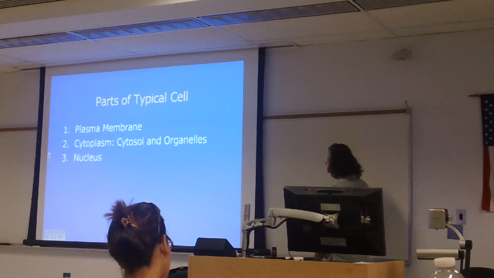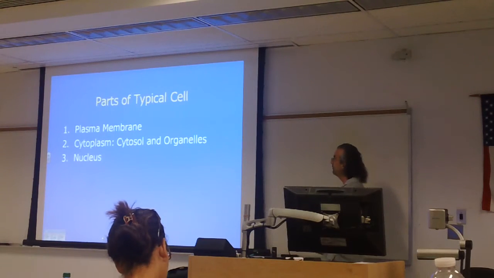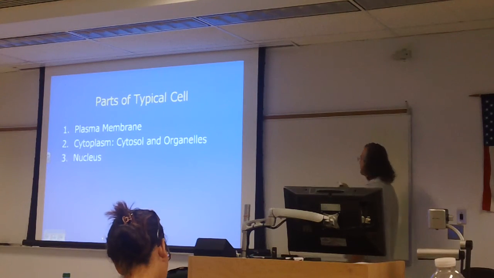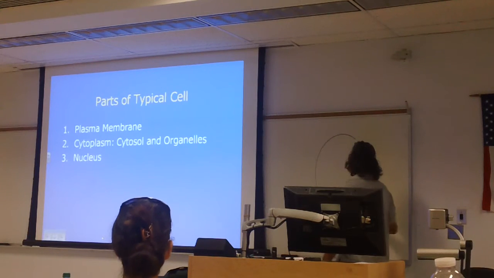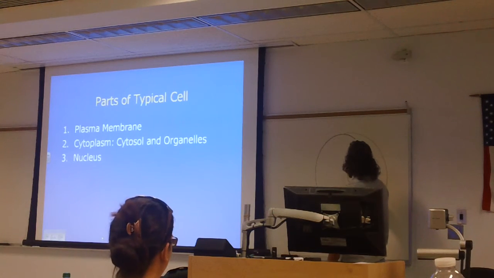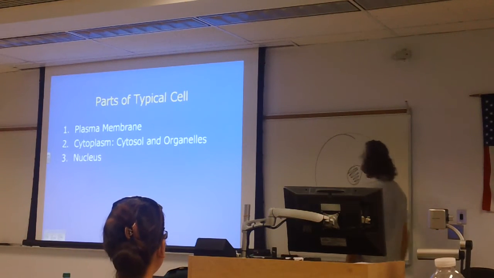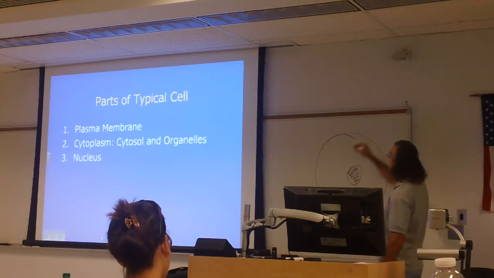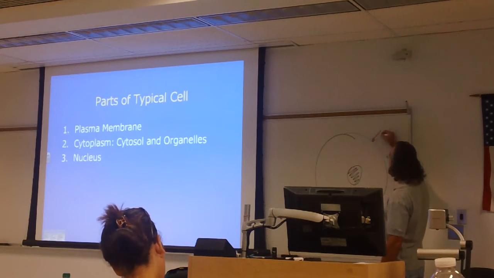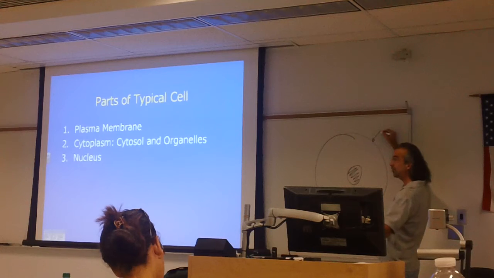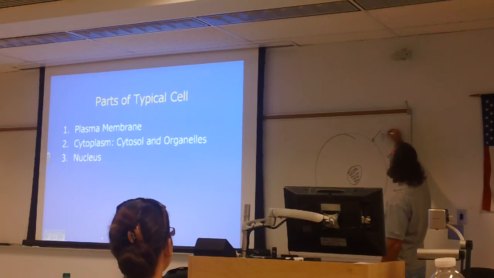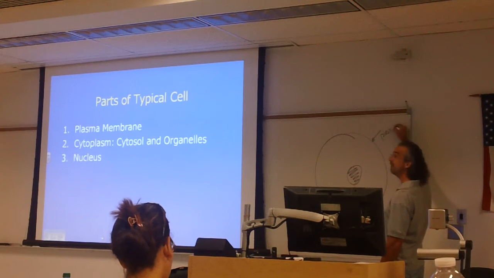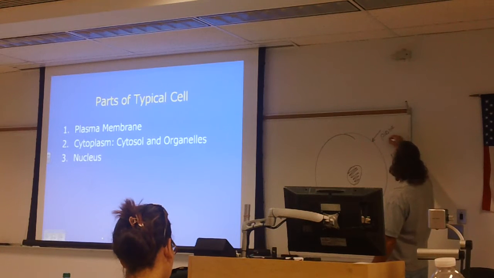All right, here's the parts of a typical cell, which you already know, I'm pretty sure. So you guys have had some sort of biology at some point in your life, I'm sure. So, typical parts. Here's my cell. Here's my nucleus. Okay, so those are my main parts so far. So I have a membrane over here, my cell membrane, the plasma membrane, whatever you want to call it. We talked about that today too. It's my phospholipid bilayer.